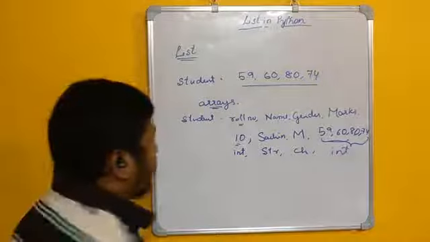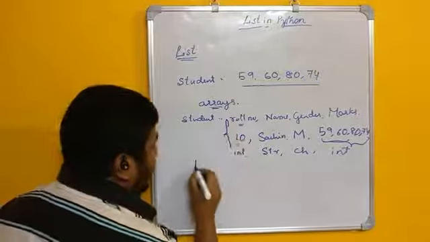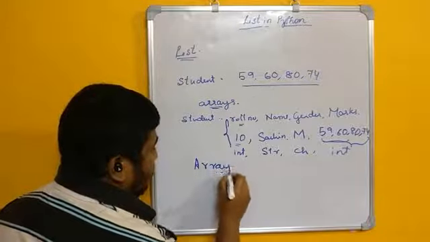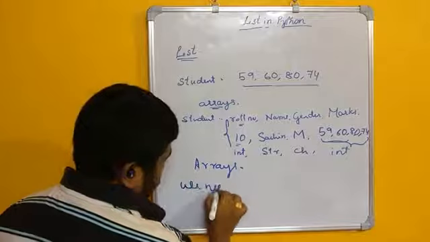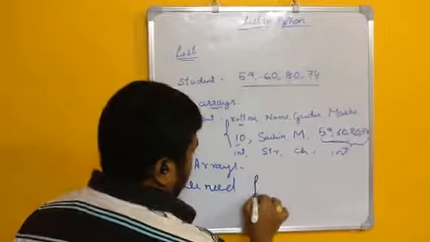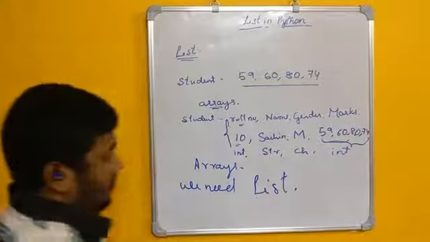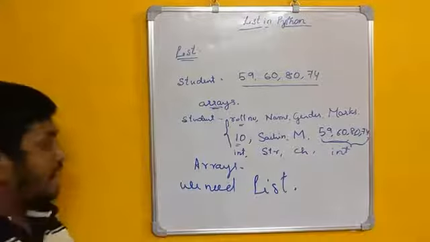So we cannot represent this in arrays. So we need what? We need list. Why do we need list? Because list is a collection of different types of data. In arrays, we can only represent a similar type of data, either integer type or string type. All the data should be the same.